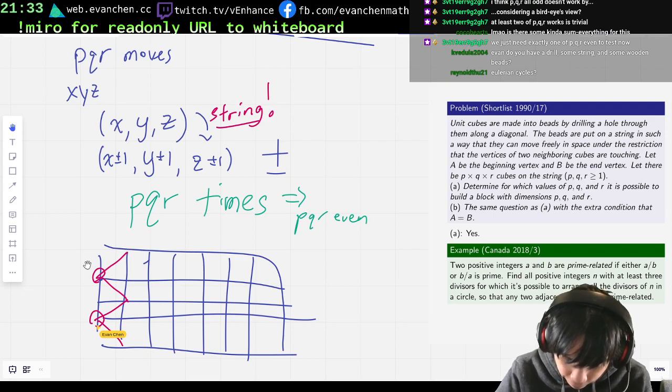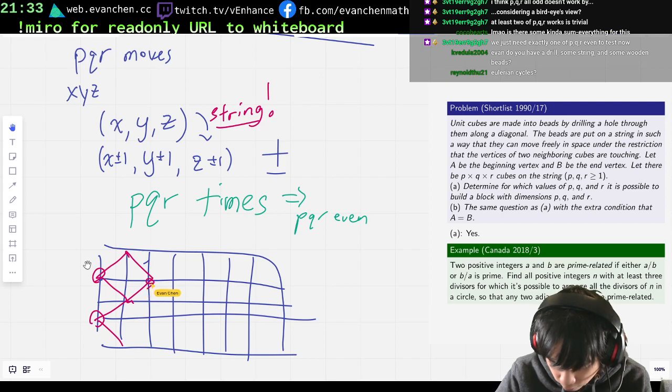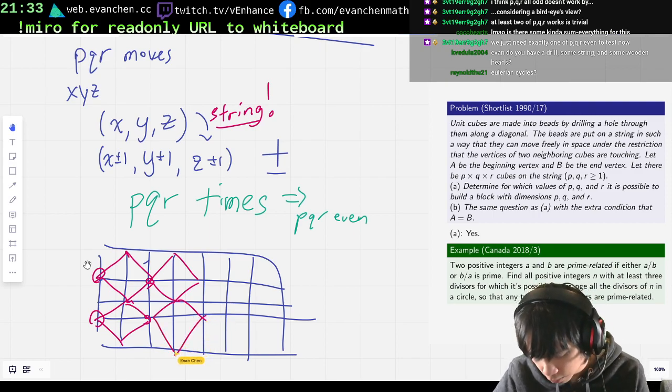Well, actually, it's even fine if things repeat, right? Oh no, but it does have to be a.